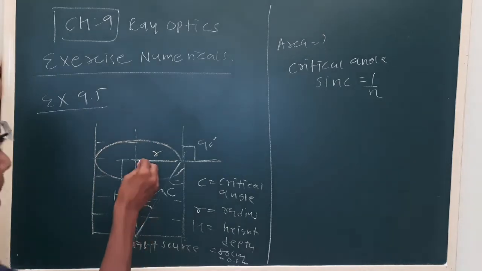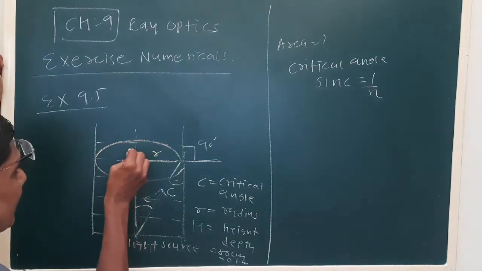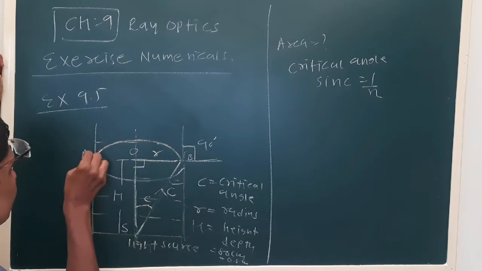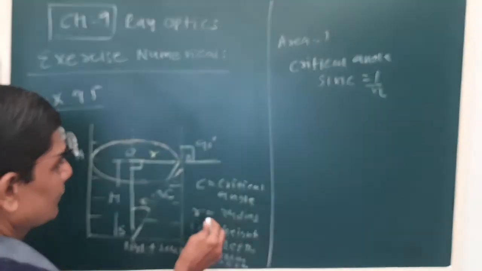Now suppose I consider this as a right angle triangle. AO or OB is r, S is the source. So we can see triangle SOB will be a right angle triangle.